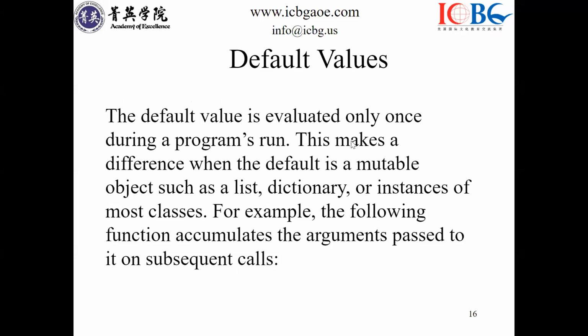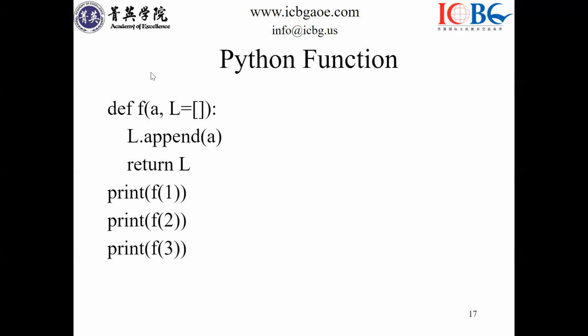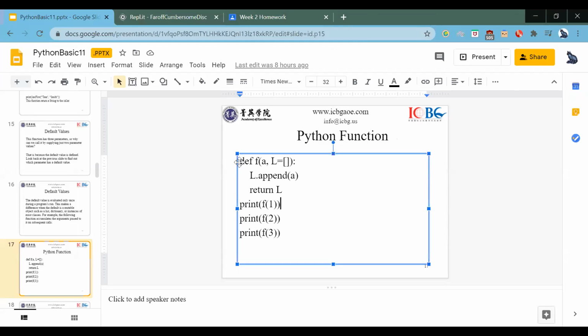The default value is evaluated only once during a program's run. This makes a difference when the default is a mutable object such as a list, dictionary, or instances of most classes. For example, the following function accumulates the arguments passed to it on subsequent calls. If you do this, I'll paste it in the chat too.